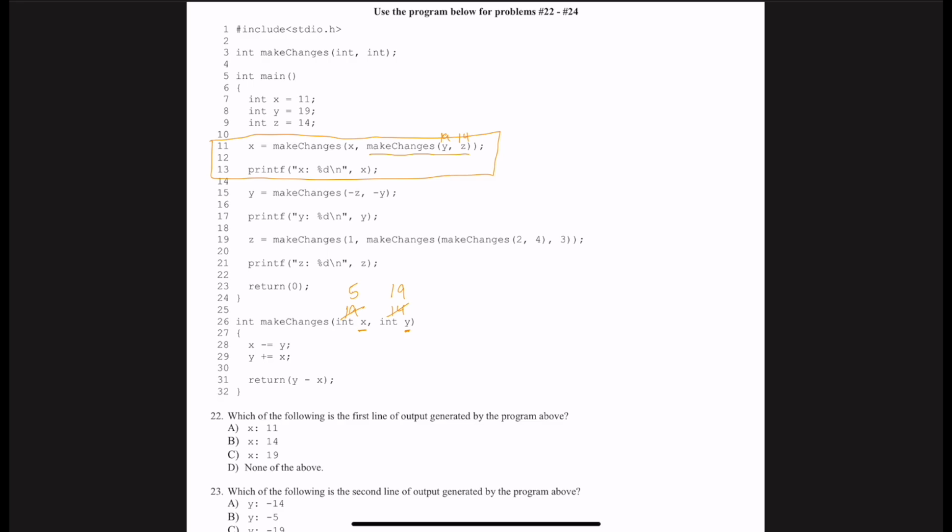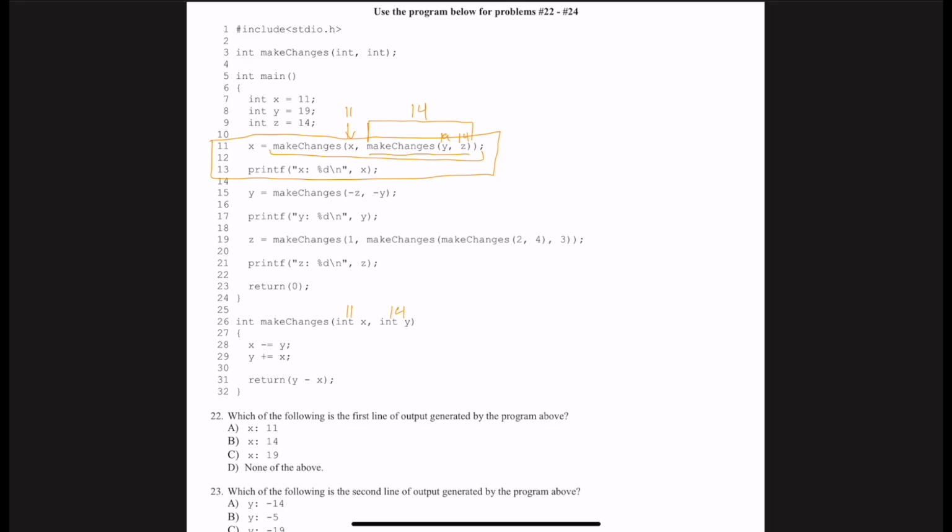Now we're going to return y minus x. 19 minus 5 is going to be 14. So now we're going to do this bigger function call. Make changes, x, which is 11, comma 14. So 11, comma 14, excuse me.